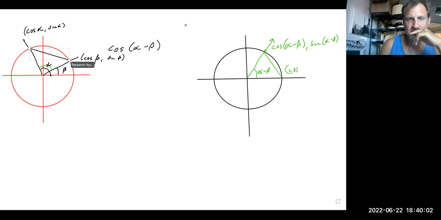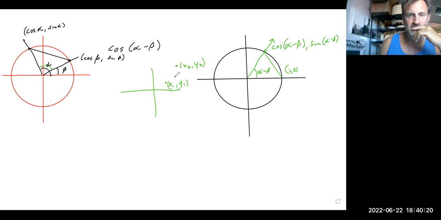So now all we need is the distance formula. And I don't know what you remember about the distance formula, but if we have a point here and a point here, let's call this x1, y1, and this x2, y2. We find the distance by basically using the Pythagorean theorem. We find the difference between x2 and x1, square it, add it to the difference between y2 and y1, square it, and then that's going to be the distance squared.